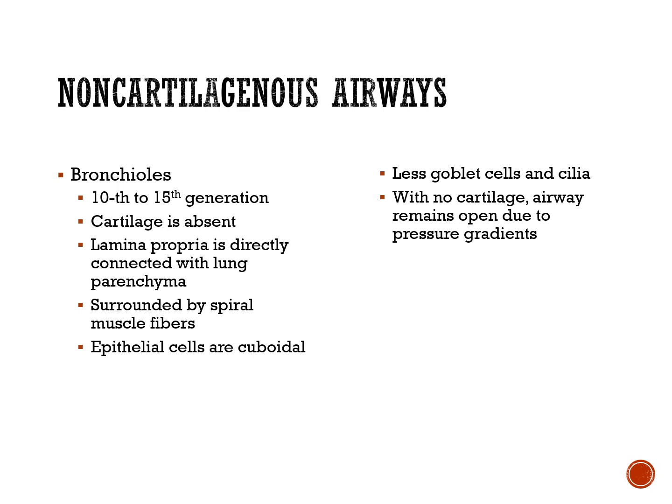They are from the 10th to 15th generation, and their lamina propria is directly connected with the lung parenchyma. And remember, there is no fibrous sheath between the lamina propria of the bronchus and the lung parenchyma, as there is in larger airways. The epithelial cells here start becoming cuboidal. The goblet cells and cilia are reduced in number.